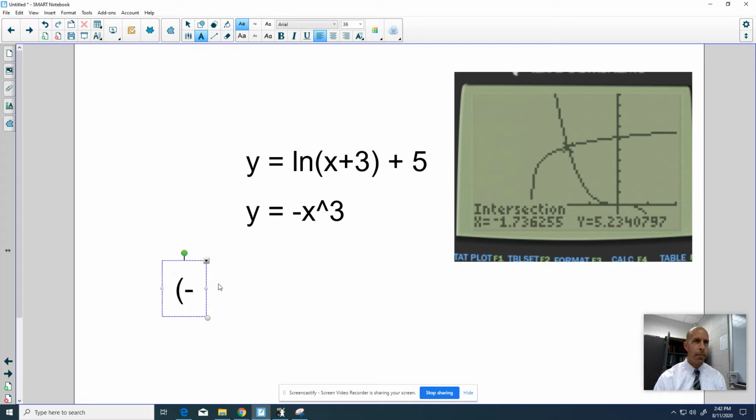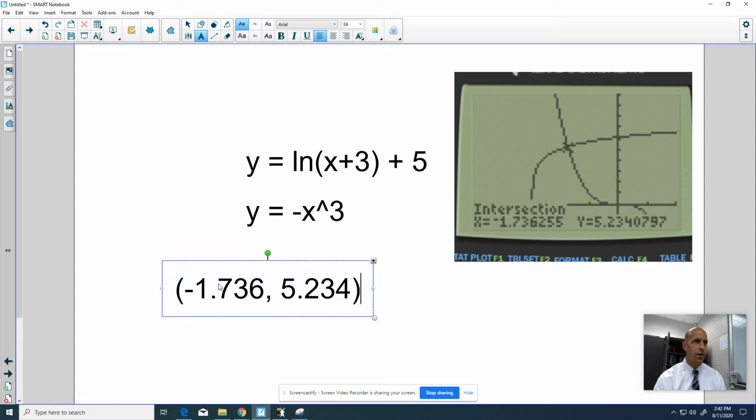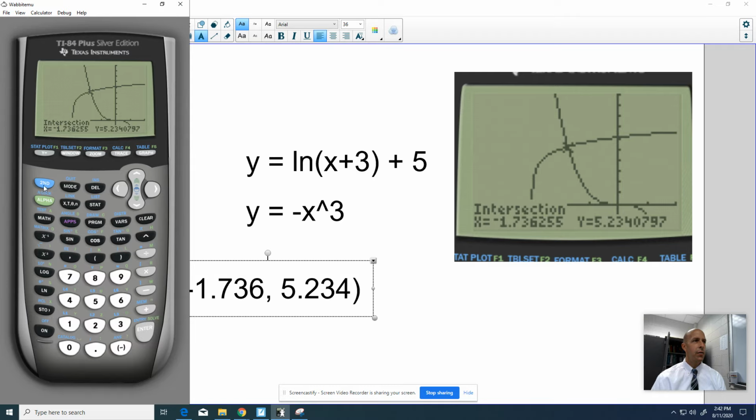Now what we have to keep in mind is that these are rounded answers. Both of these numbers are most likely irrational, infinitely long decimals, but I would bet if you plug in the -1.736 for x, you're going to get roughly, well, let's just check. We'll use our calculator real quick.